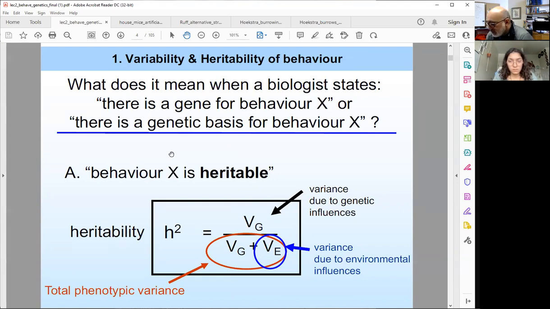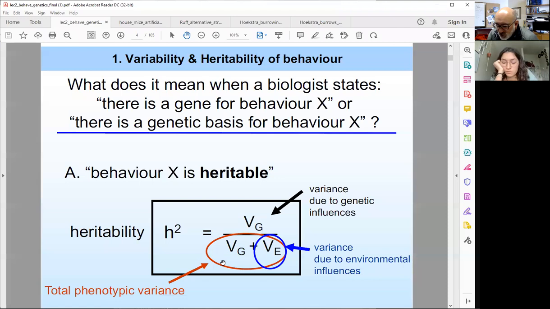And that's what this equation is describing. If you look at the equation here, h squared is the term used for heritability. Let's say you were to measure a behavioral trait, let's say running speed is a behavioral trait, for example. Not that it really is necessarily, but let's just call it that. And you have the total variation in that trait, right?